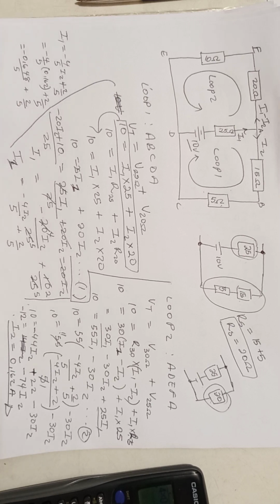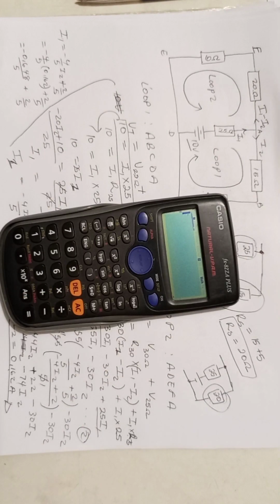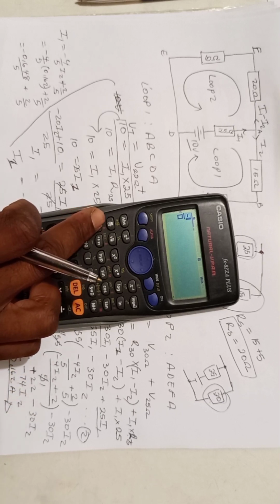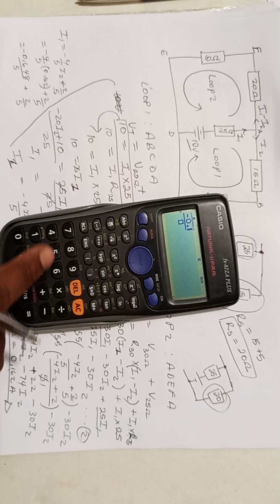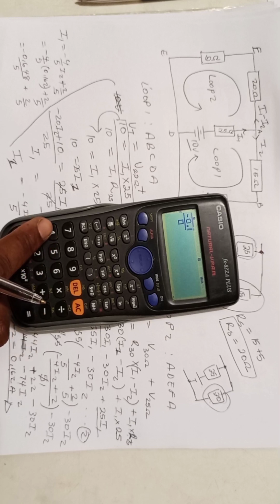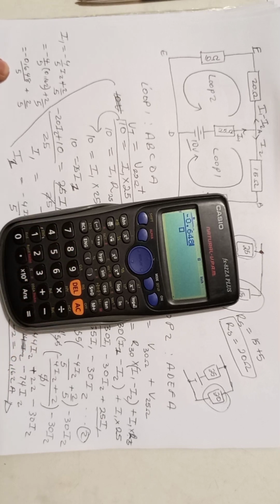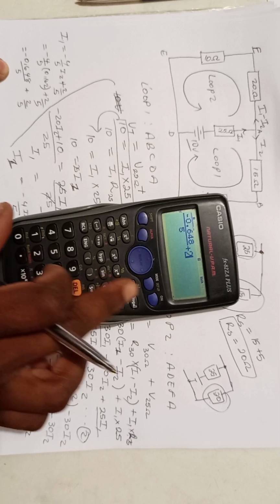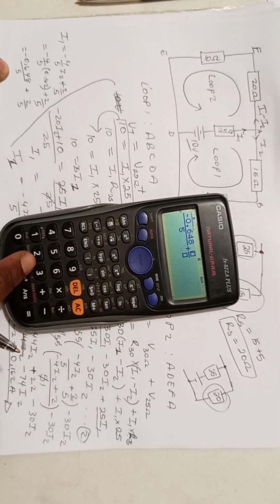So now let's just get the answer here. If you're using this calculator, this is what you would do. You would say minus 0,648, and you would put 5 here, and then you would say plus, you then put 2, and you then put 5.